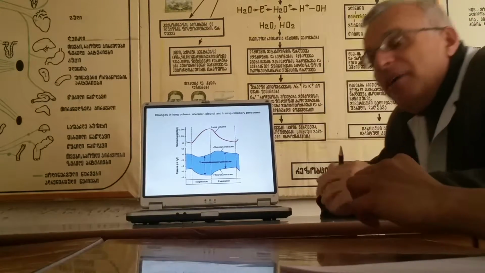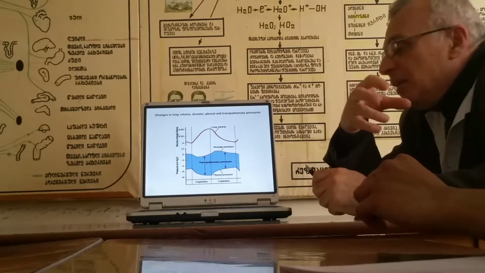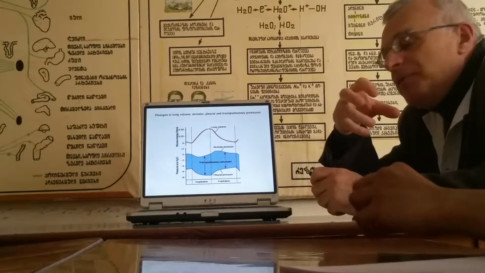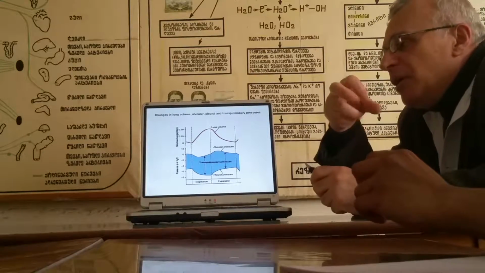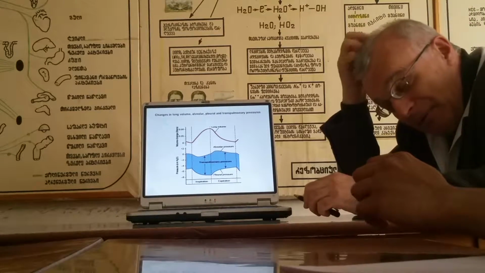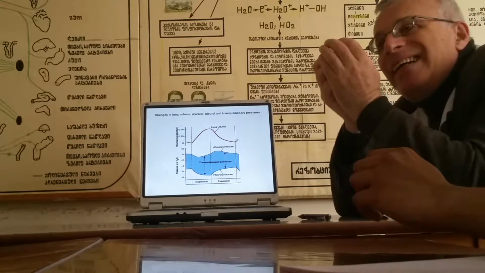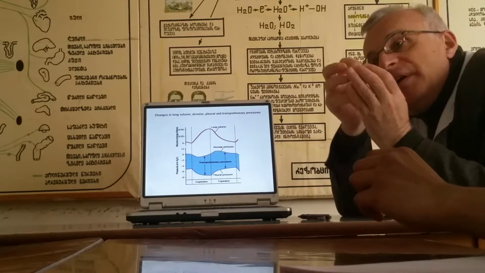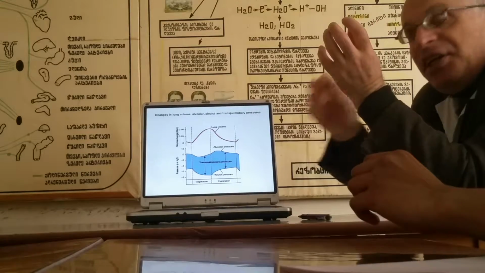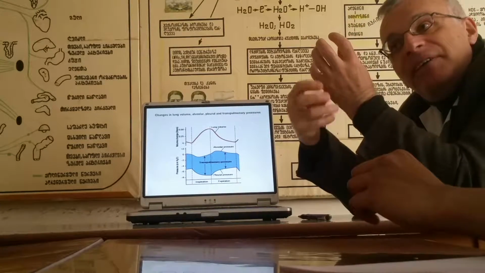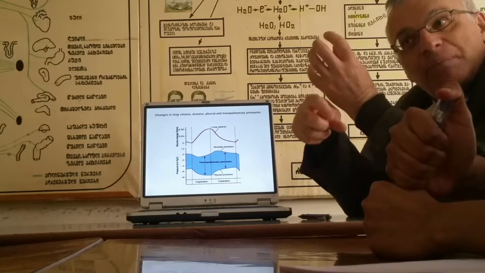Why? Because our lungs permanently try, by mechanism, to decrease their volume. That's why in the pleural cavity we have a little bit lower than atmospheric pressure.